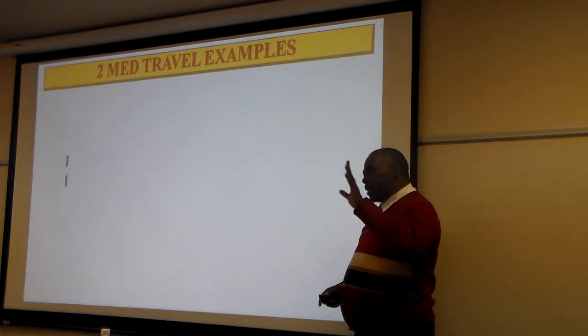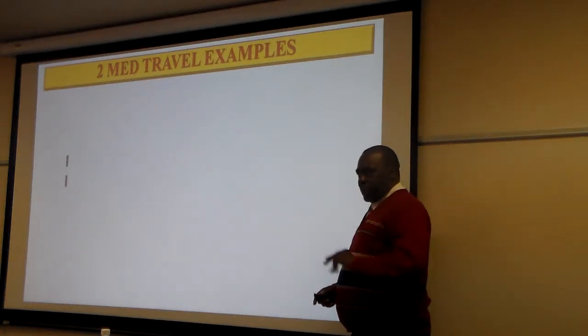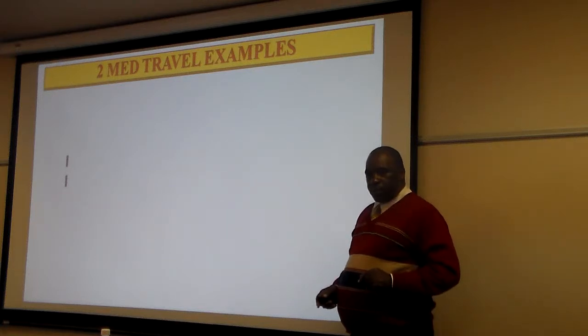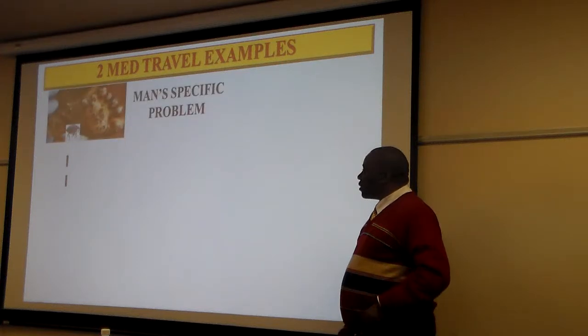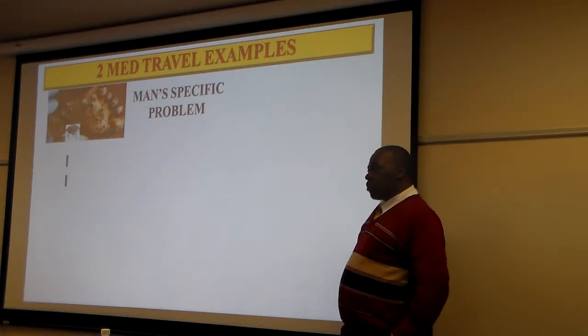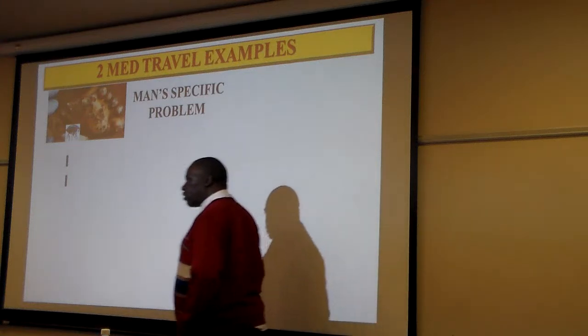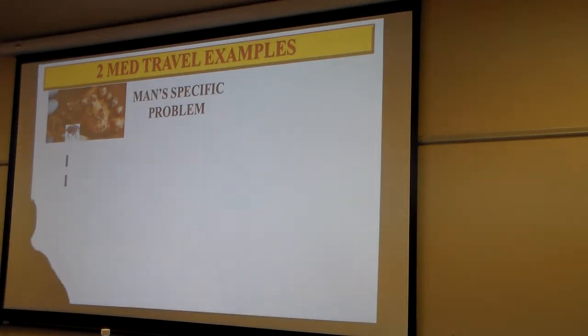I'll give you two examples on just traveling. Somebody there has a problem. This is typical in Africa, north of the Congo. There's a small parasite there, and you can see this fellow's feet.